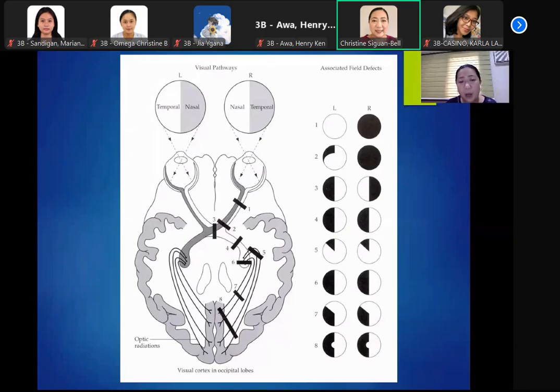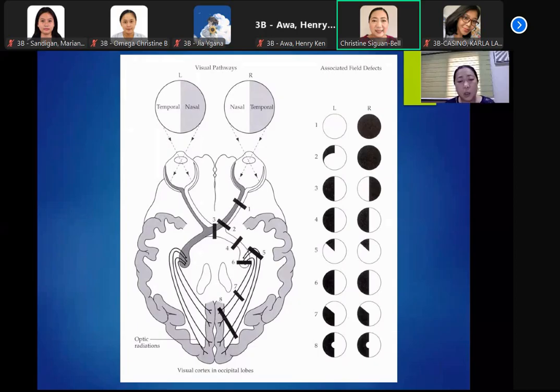And number five, if there are lesions in your Meyer's loop, then you will have temporal defects, but also with the same homonymous hemianopsia. Number six is also similar to an optic tract lesion or the optic striates. Number eight is when there is macular sparing.